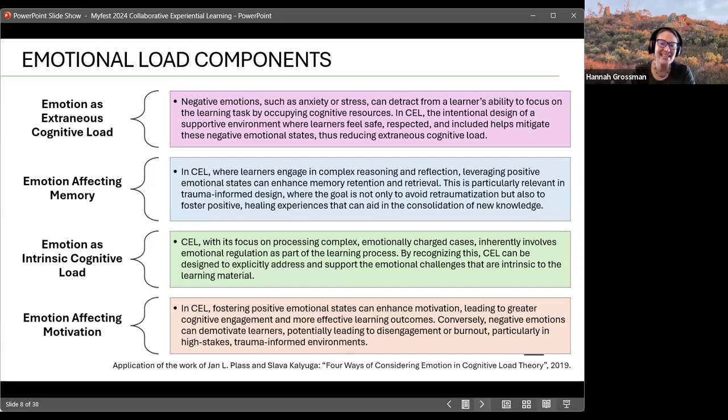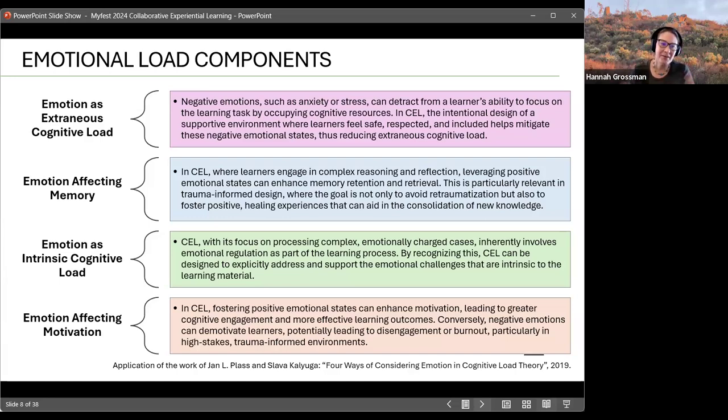Are we giving the time to incorporate people's emotional responses as part of our training planning? These are all important emotional load components I'm incorporating in this collaborative experiential learning.